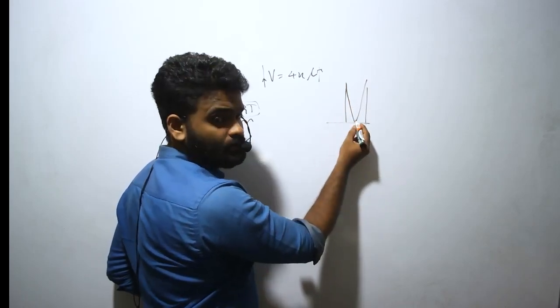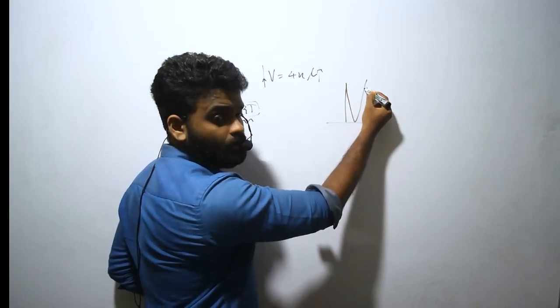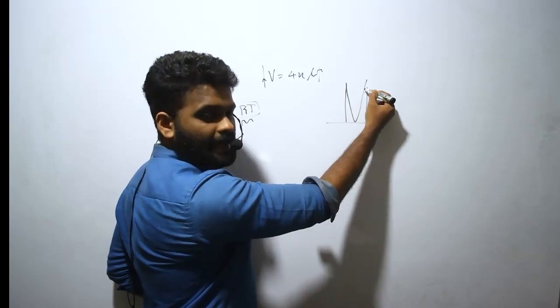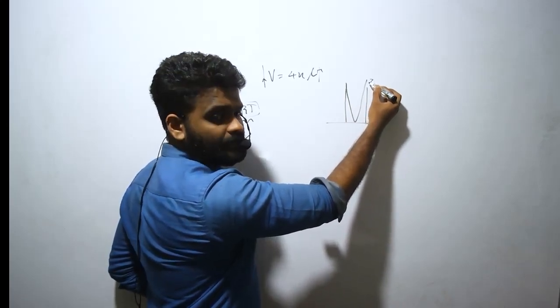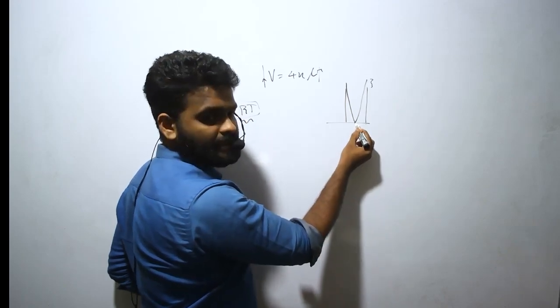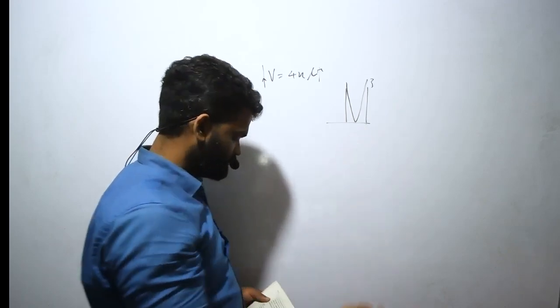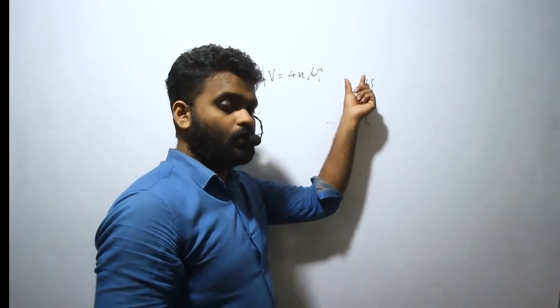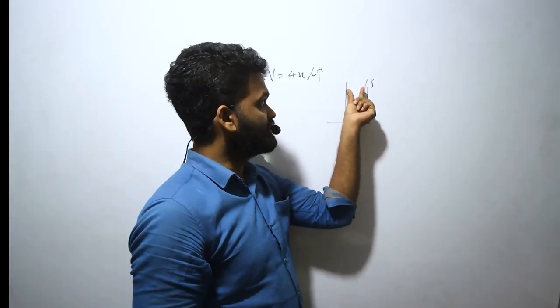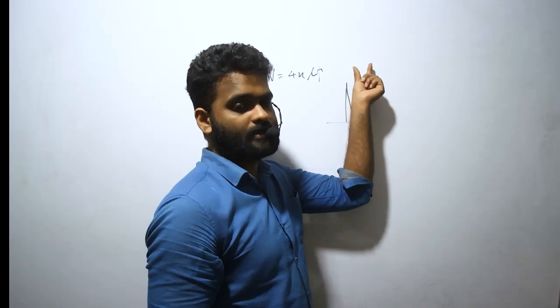Here you have the closed end, here you have the open end. End correction only happens at the open end. At the closed end, there's no end correction, because here it is open to air, so the wave pattern deviates outside the pipe.